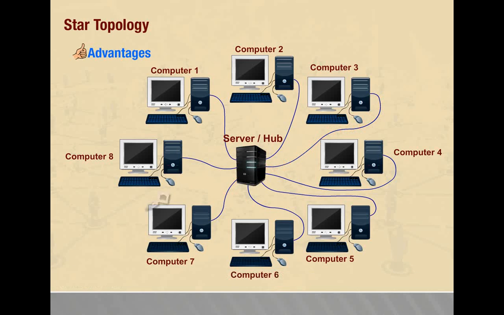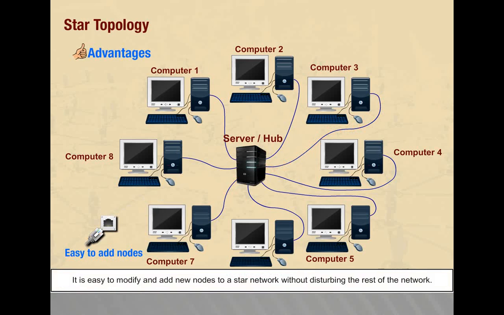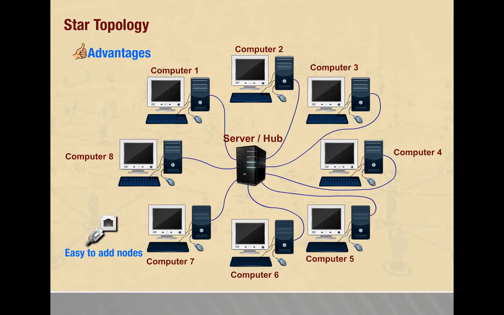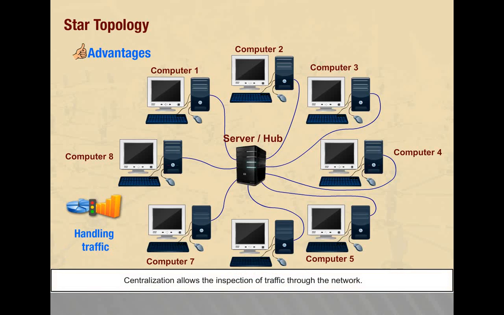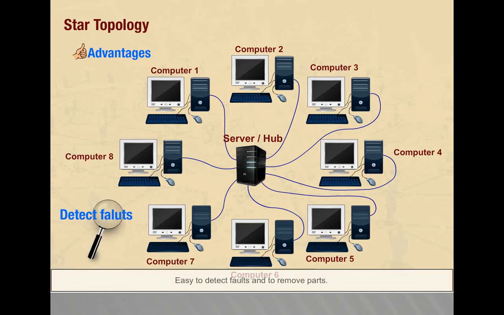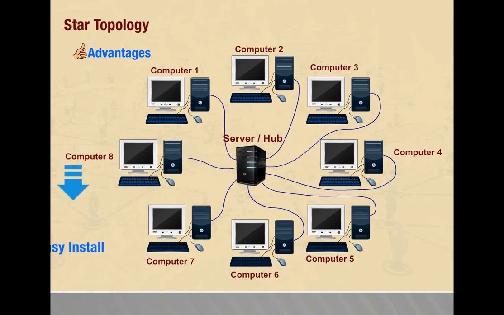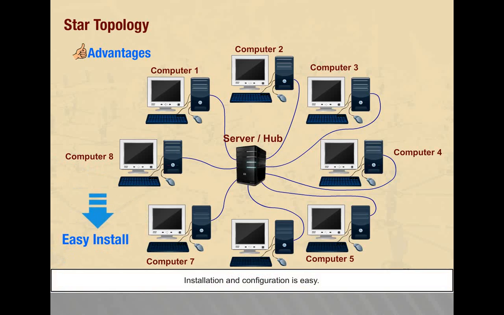Advantages: it is easy to modify and add new nodes to a star network without disturbing the rest of the network. Centralization allows the inspection of traffic through the network. Easy to detect faults and to remove parts. Installation and configuration is easy.